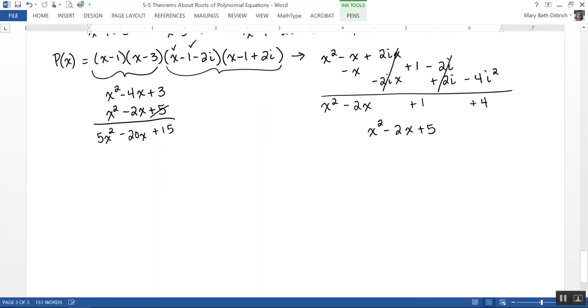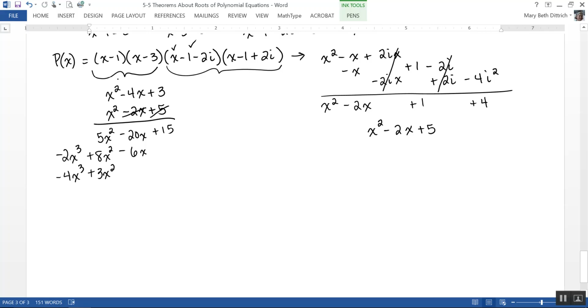Did that one. Now let's do 3 times each of those. Negative 6x. I'm sorry, negative 2x times each one of those. Plus 8x squared minus 2x cubed. Did that one. Now x squared plus 3x squared minus 4x cubed.